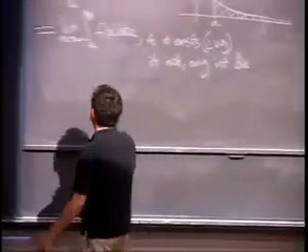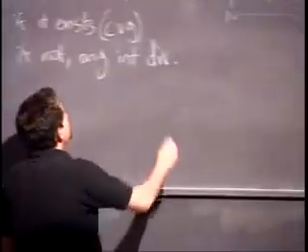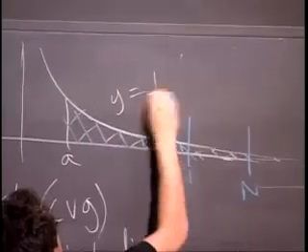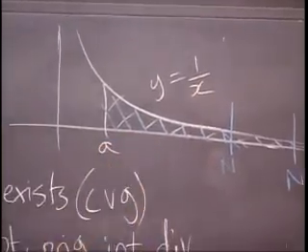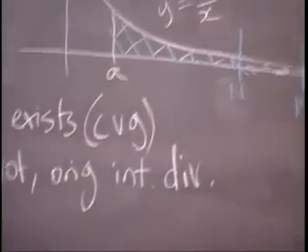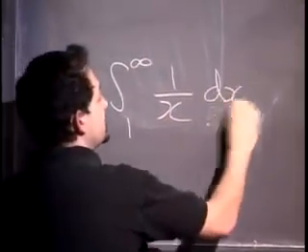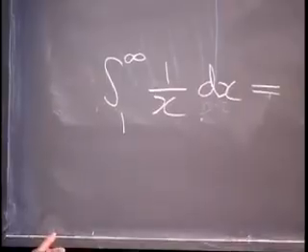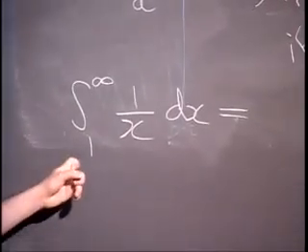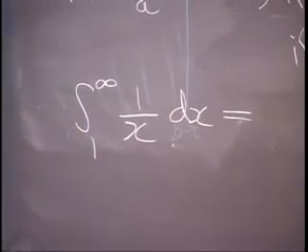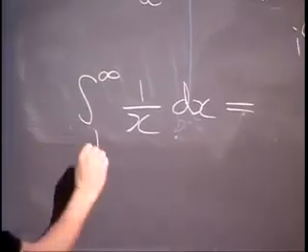In fact, we can take a function y equals 1 over x, which looks like this. Suppose we go from 1 to infinity. So suppose we take the integral from 1 to infinity of 1 over x dx. Contrast this with the integral from 0 to 1, which we did before. Now, there's no problem at 1.